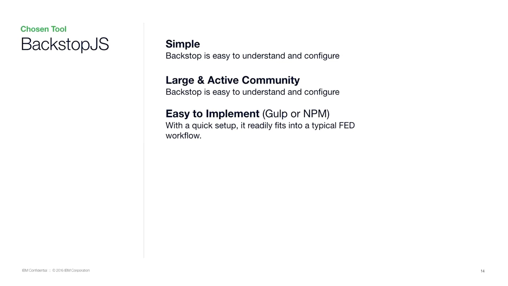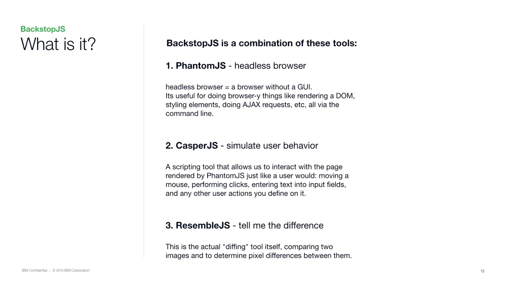And like Phantom CSS, BackstopJS is a combination of PhantomJS, Casper.js, and Resemble.js. PhantomJS, if you don't know, is a headless browser, which is a really cool name for a browser simply without a GUI. It's useful for doing stuff like rendering a DOM or doing AJAX requests.